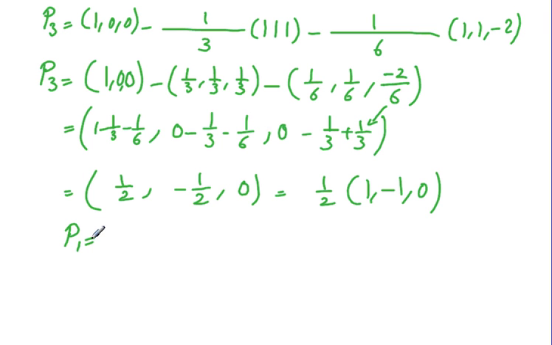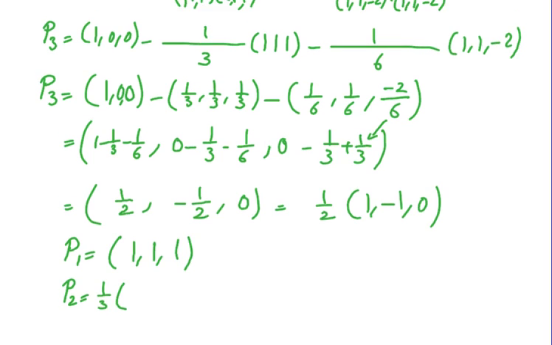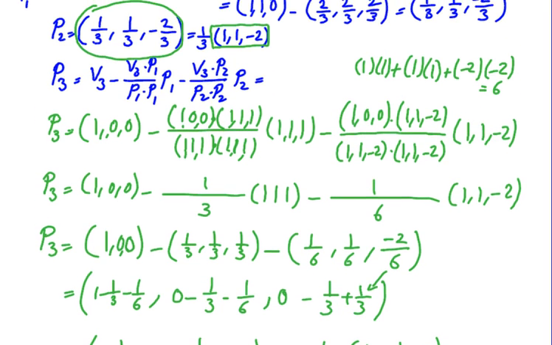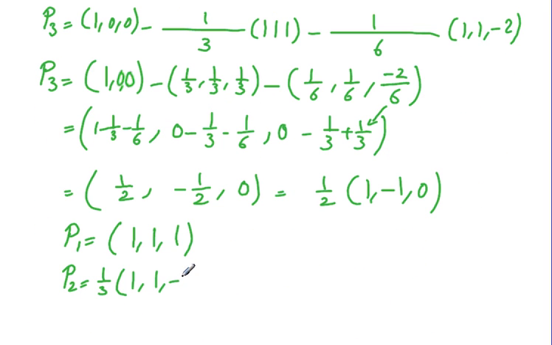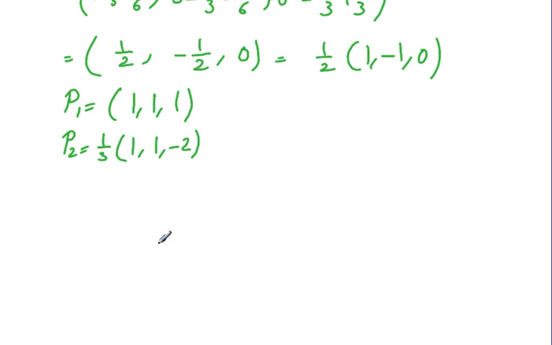P1 was just a copy of what we had, which was 1, 1, 1. P2 official algorithm starts with 1/3 of, but really 1, 1 minus 2 is just as good and actually nicer. P3 official algorithm ends up with 1/2 of, but really this one would be nicer.